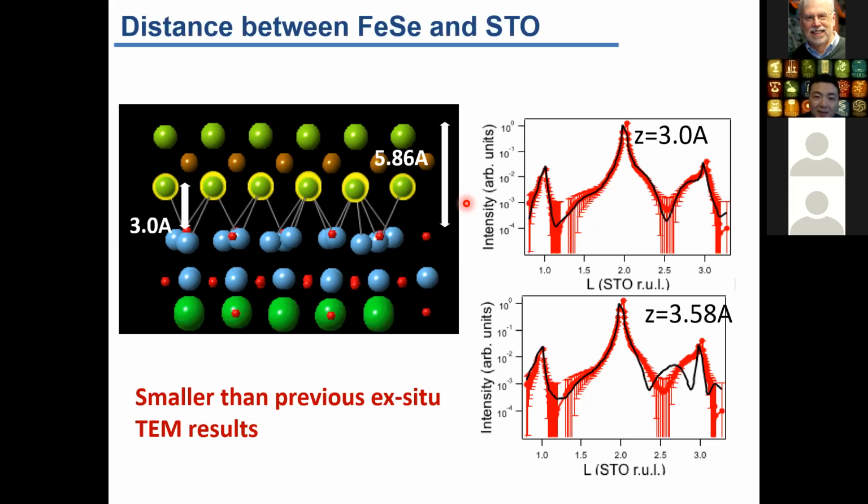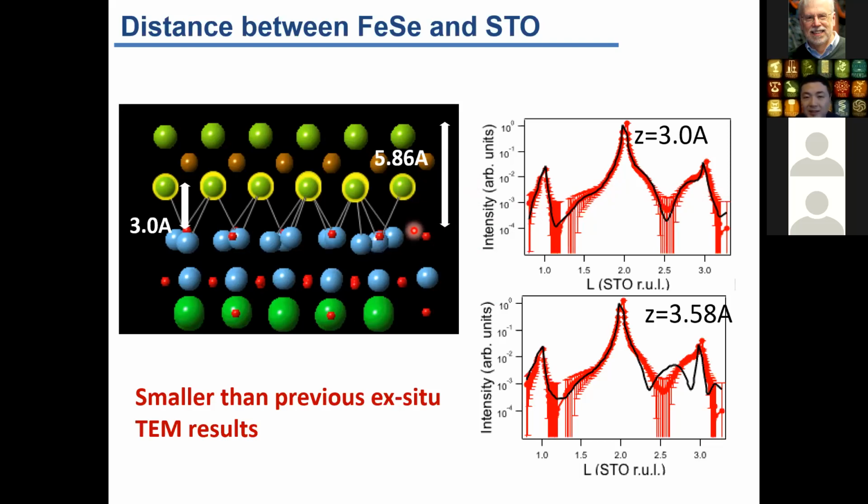What we found here could be interesting and could actually explain the difference between in situ and ex situ samples, and why the TC is different. Remember, earlier in the talk I mentioned that whenever you have an in situ sample, you always have a higher TC, and if you have an ex situ sample, the TC is lower.